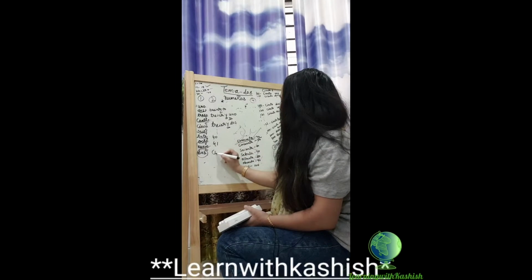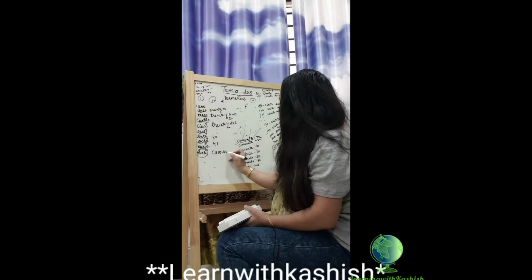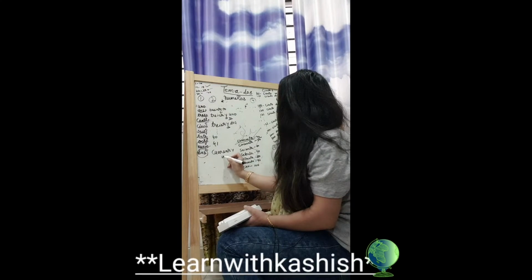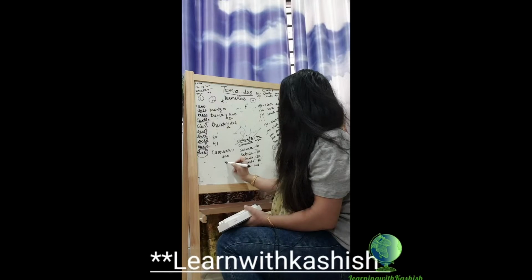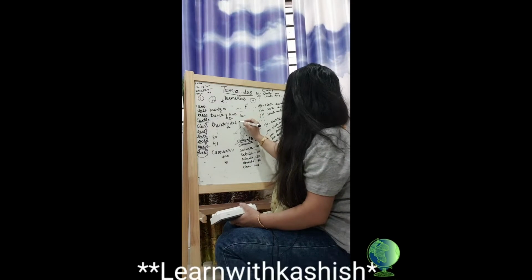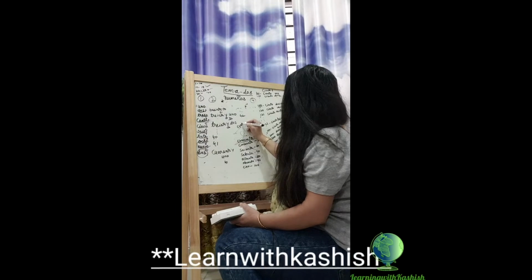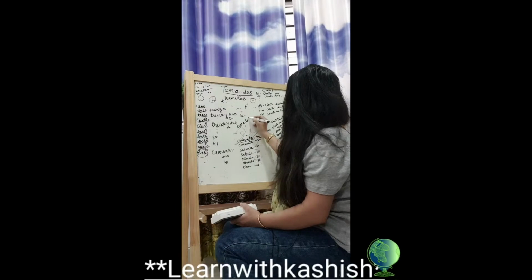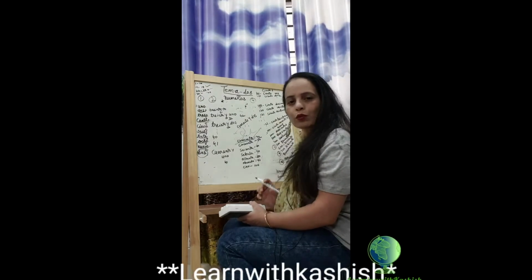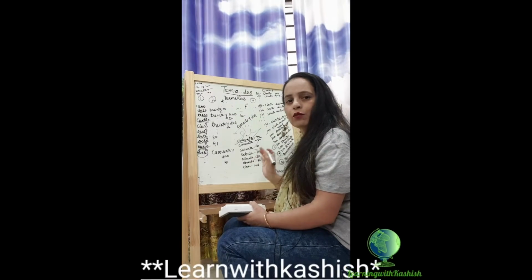This is cuarenta and then we will add this Y, uno, that is 41. Okay. If I want to write 42, we will write cuarenta y dos. Similarly, we will go to 49.